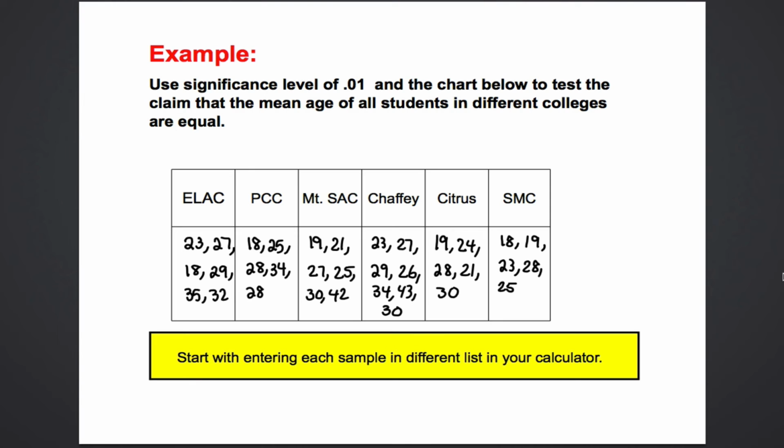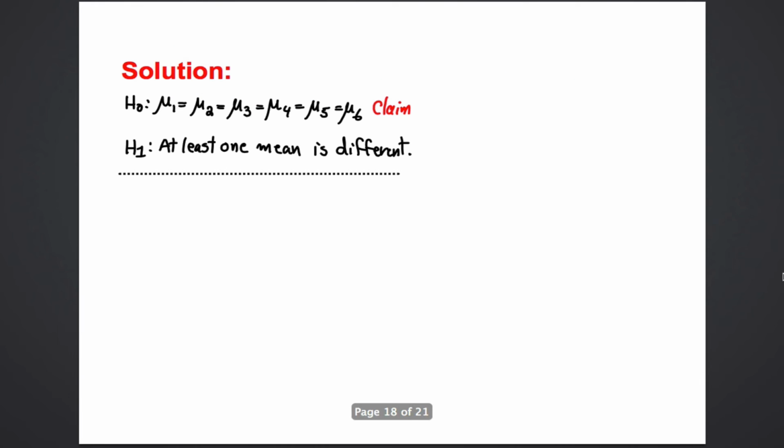So here we have 6 colleges. That means K is equal to 6. And if I want to figure out N, the total number of sample sizes, we have to find out how many each sample has, add them together, and that would be the value for N. So the null hypothesis is that all 6 means are equal.